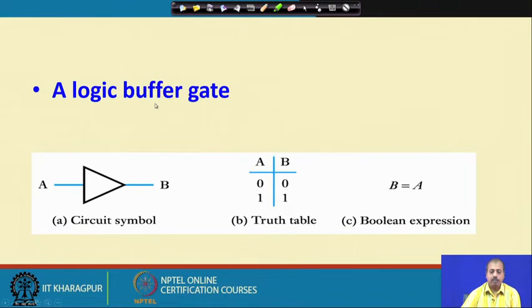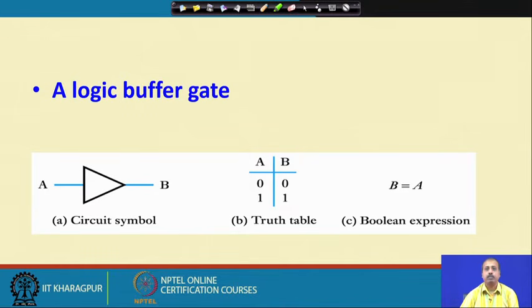Sometimes we use a logic buffer gate. A buffer just copies the input to the output. Whenever A is 0, B is also 0, and whenever A is 1, B is also 1. The Boolean expression is B equal to A. Apparently, it seems, why do we need such buffer gates? Sometimes we need to drive a large load in terms of circuit elements.